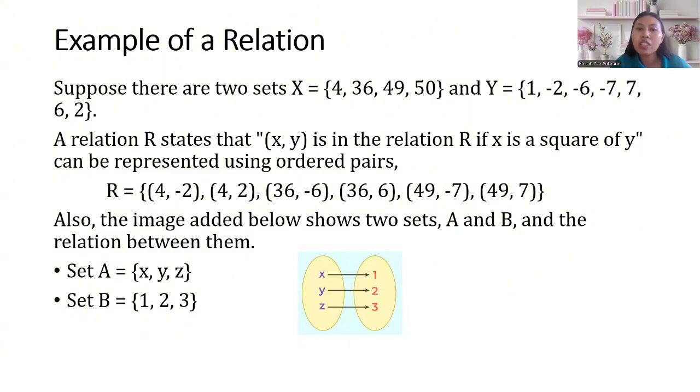xy is in the relation R if x is a square of y, can be represented using ordered pairs. R is a set of ordered pairs: 4 and minus 2, 4 and 2, 36 and minus 6, 36 and 6, 49 and minus 7, and 49 and 7.